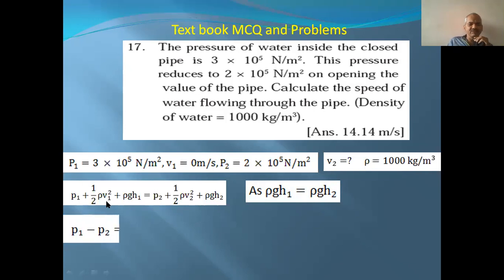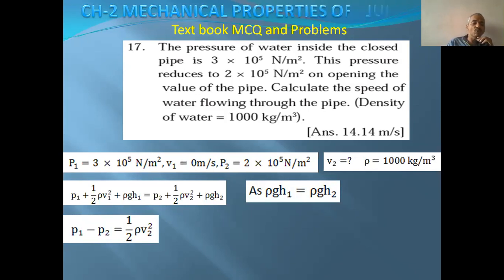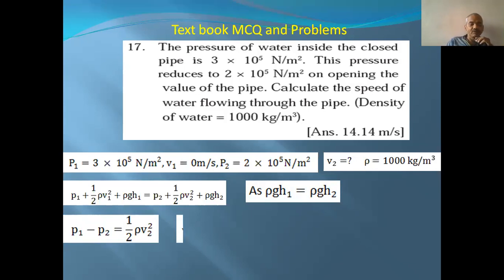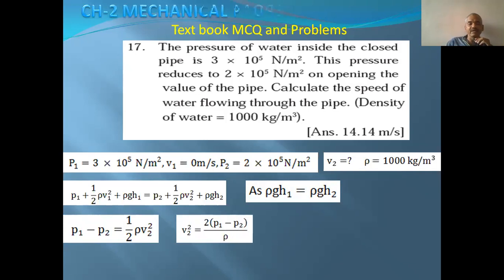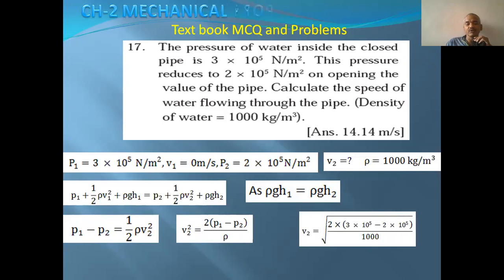Rearranging the equation and cancelling the remaining terms, you get P1 minus P2 equal to half rho V2 square. From that, you can write the relation for V2 square as twice into (P1 minus P2) divided by rho. Then for V2, we substitute the values for P1 minus P2 and rho. Here also the calculation is quite simple.